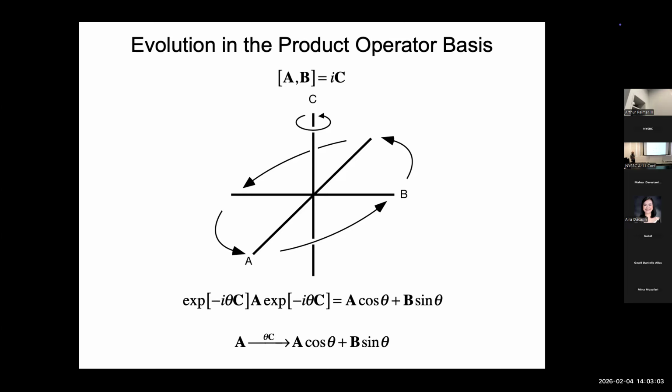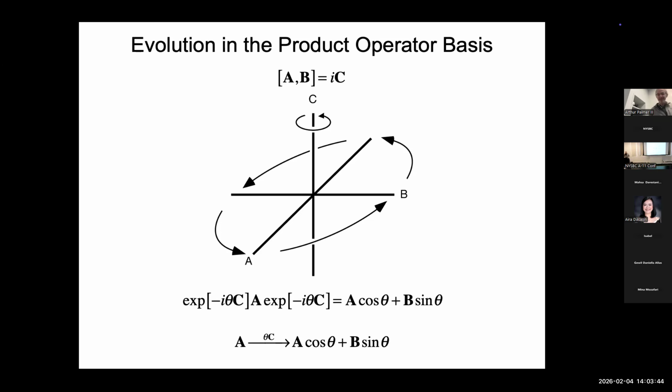So this says that if we have a trio of operators and they obey a commutator relationship shown there, the commutator of A with B equals i times C, then we can draw this kind of picture in operator space: under a Hamiltonian proportional to C, A evolves into B, with these trigonometric relationships. So that's a general statement of the rules that we're about to derive and we have derived.